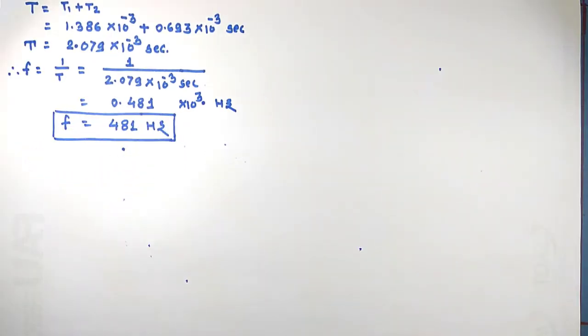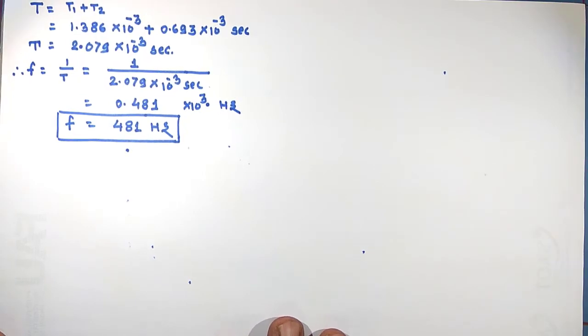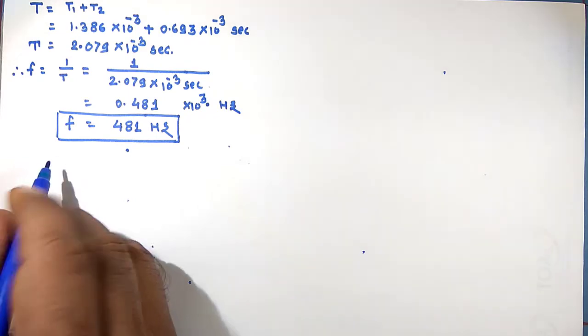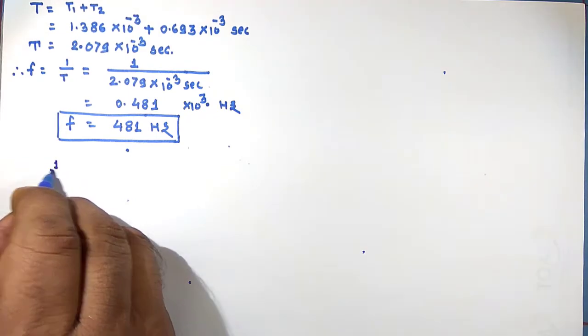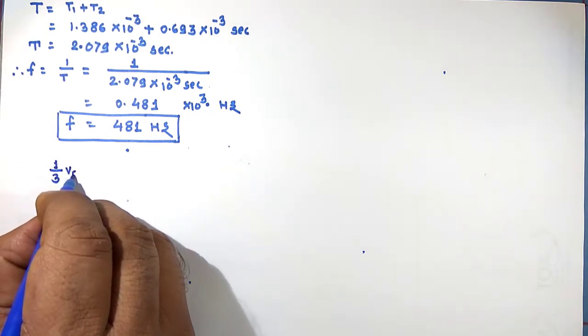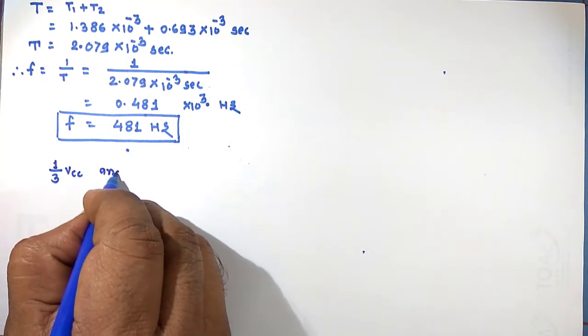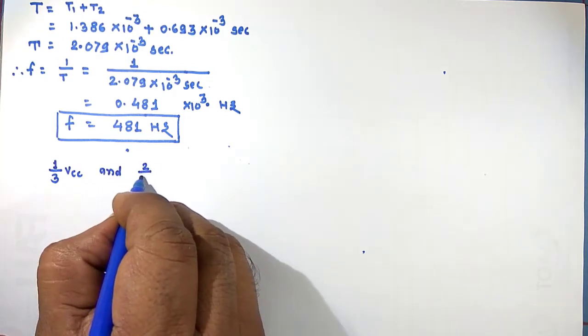We are also asked in the problem to draw the waveforms. The charging and discharging of a capacitor takes place between two voltages, and the two voltages are 1/3 VCC and 2/3 VCC.